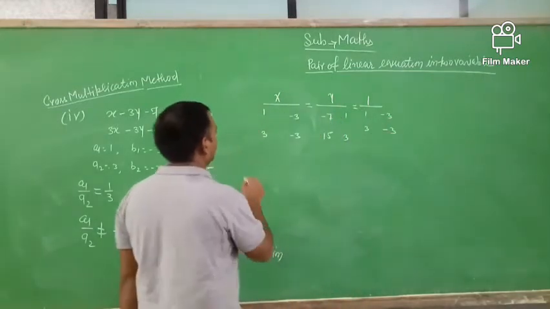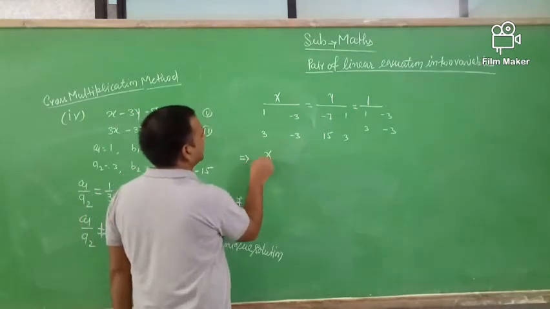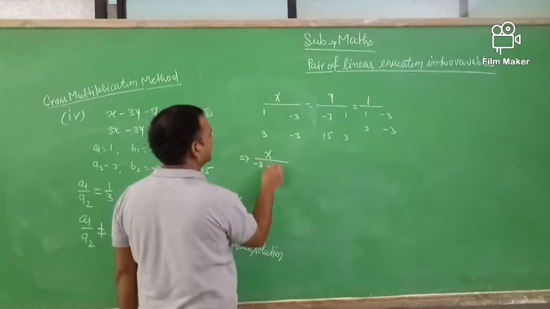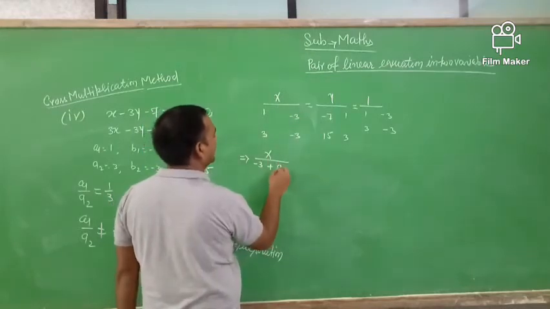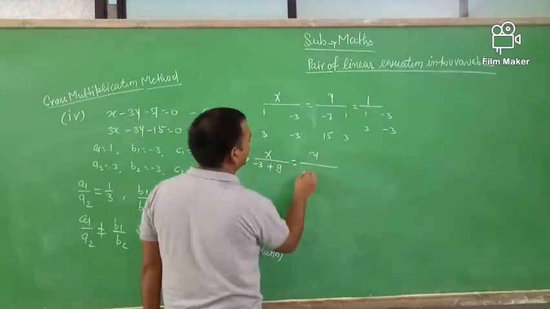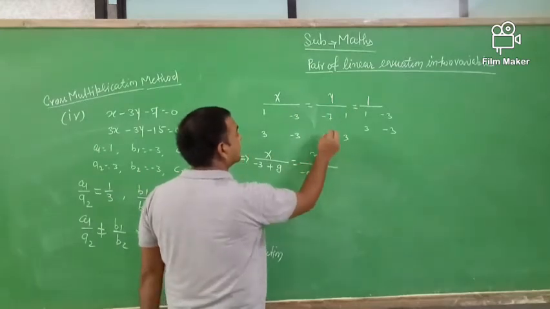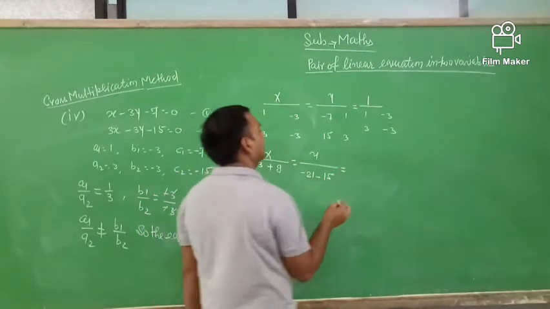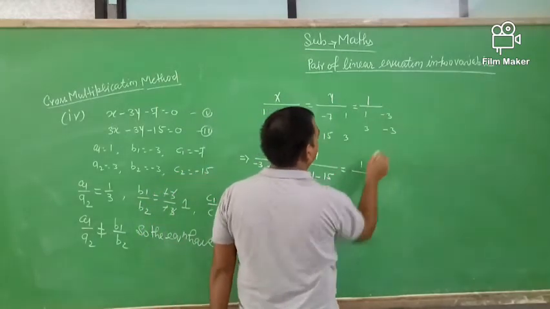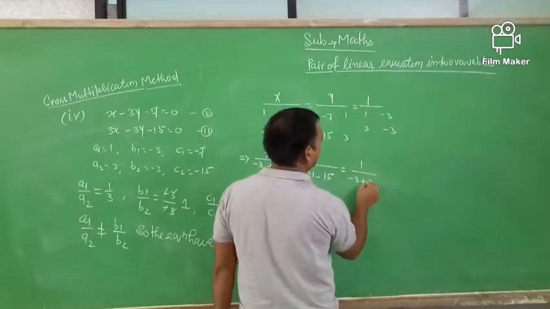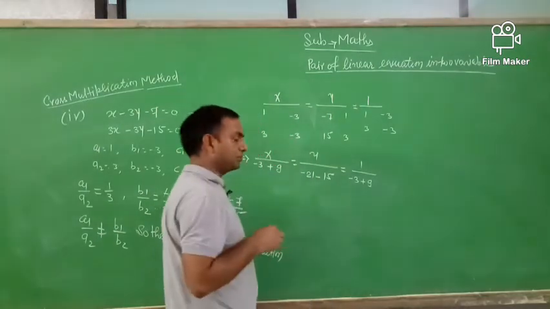You cross multiply. First for x: 1 3s are 3, so this is minus 3, minus minus is a plus, 3 3s are 9. For y: 7 3s are minus 21, and this is multiplied with the negative sign, so it is minus 15. The last one: 1, 3 1s are 3, so this is minus 3, and 3 3s are 9, so it is plus 9 because this is multiplied with the negative sign.